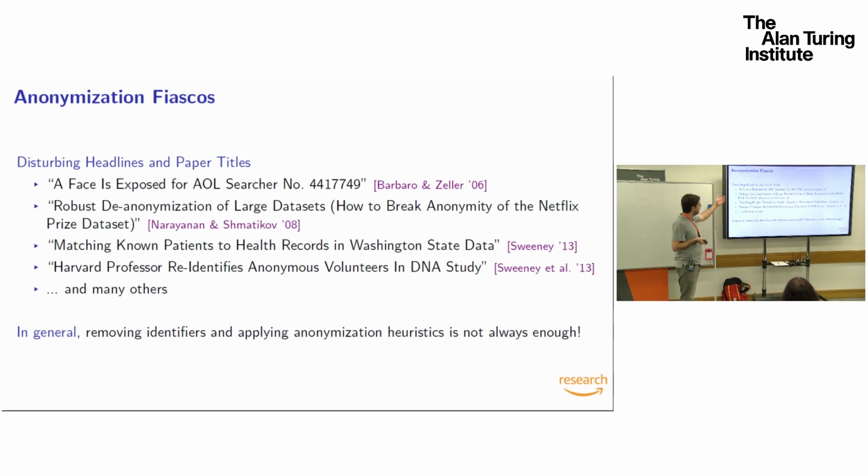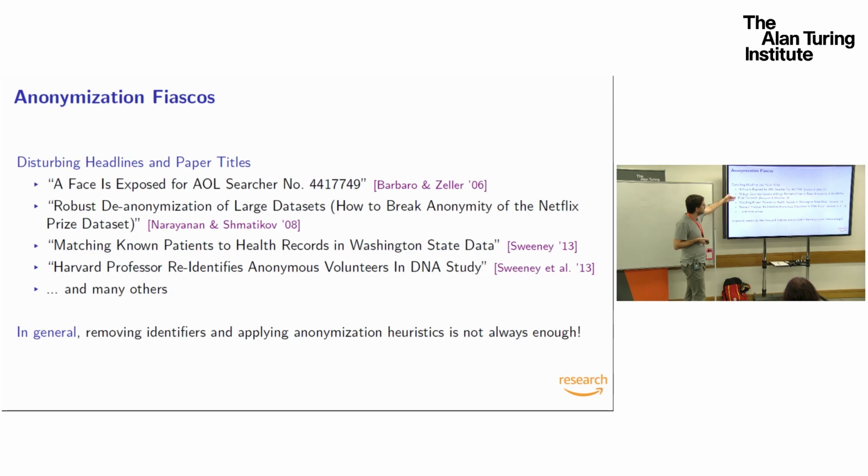And then these people managed to de-anonymize this person by just looking at queries made by the same individual. Because this person was looking for shops nearby their home and stuff like this, they managed to say, well, this person must live here. And they went to the house, they knocked, they took a picture. And this is what was in the article, a face exposed for AOL searcher number 4417749.